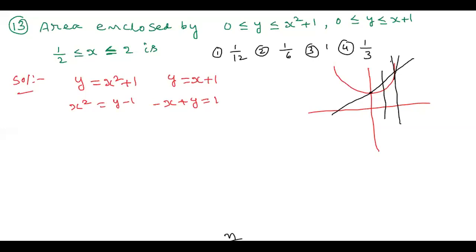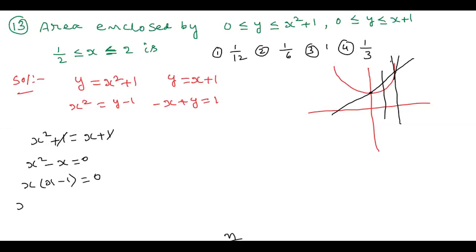By solving these two, x square plus 1 is equal to x plus 1. Observe here, 1 cancels, x square is equal to x, and on the left hand side we get x square minus x is equal to 0. That means x into x minus 1 is equal to 0.